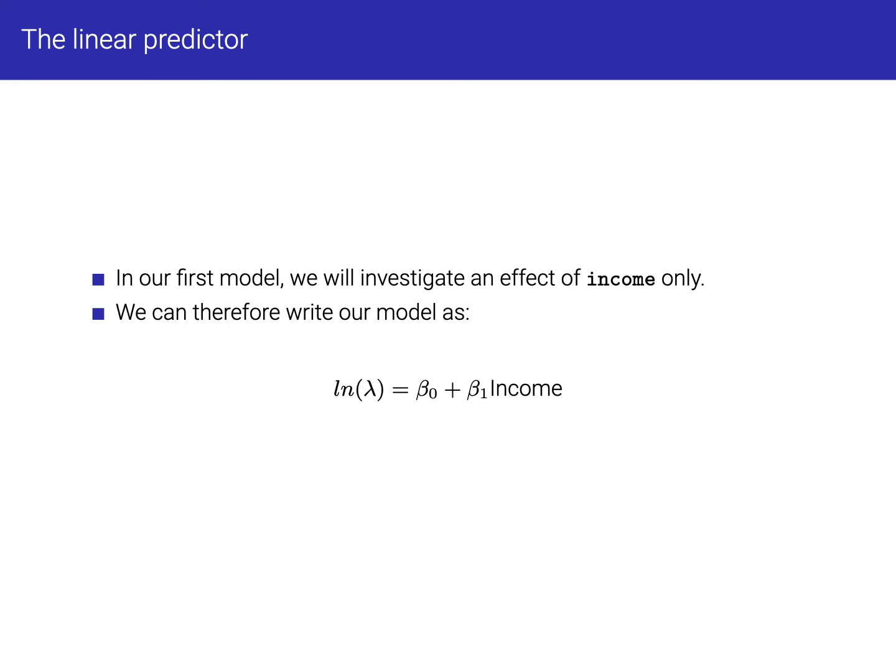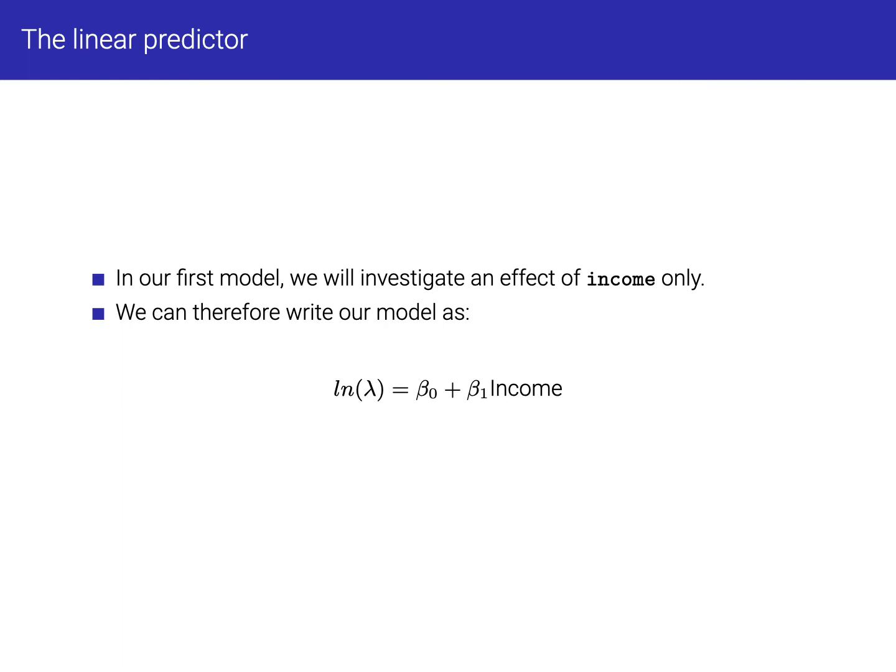Okay. So in our first model, we will investigate the effect of income as the main and really only predictor, and then we're going to add our other predictor later on. So we will write our model this way. The logarithm of lambda is what we predict. The logarithm of lambda is equal to beta 0 plus beta 1 income.